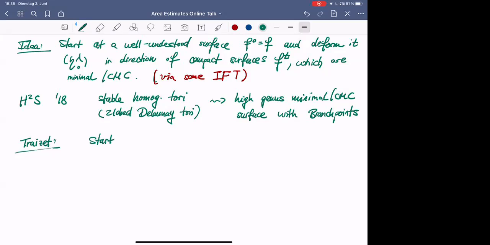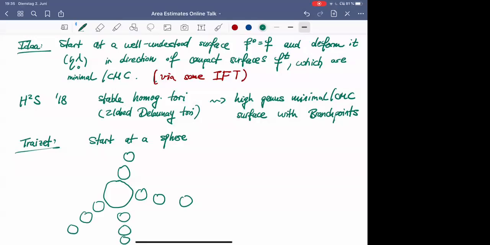So he started at a sphere with some points and added catenoidal handles to it to obtain enoids with G ends or more ends, which is a CMC surface in R3.